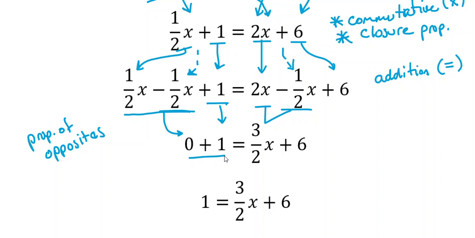On the left side we had 0 plus 1, and we rewrote that as just 1. And what is that? That's a property associated with addition, and that's the addition property of... oh no, that's the identity property.